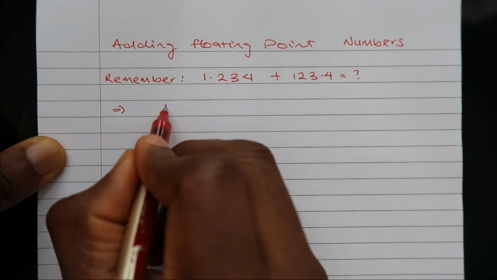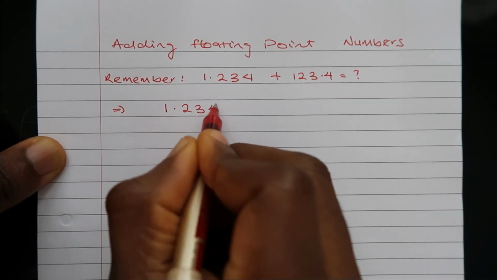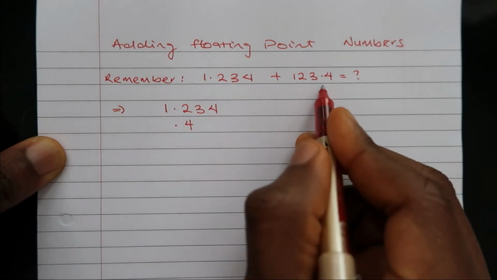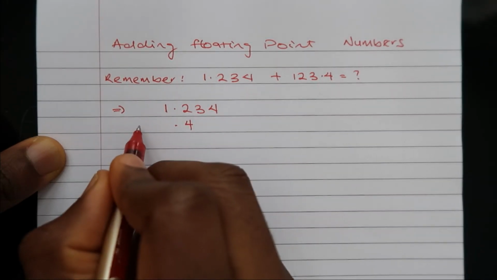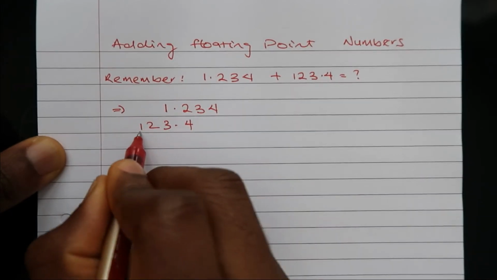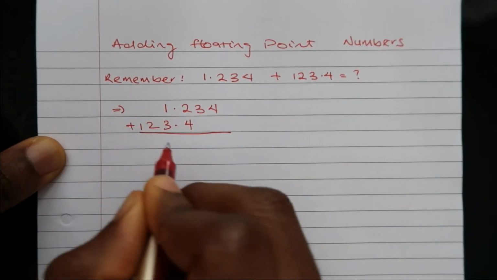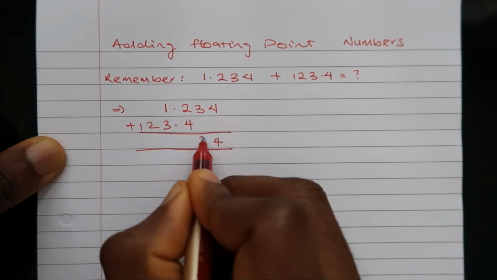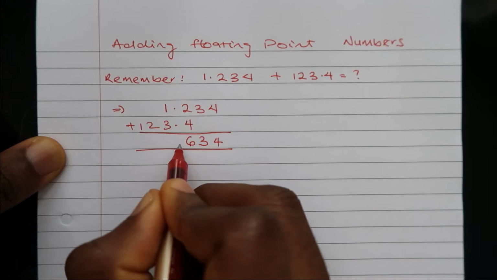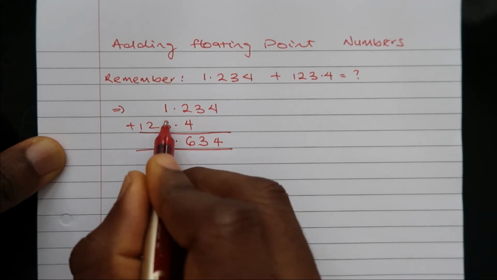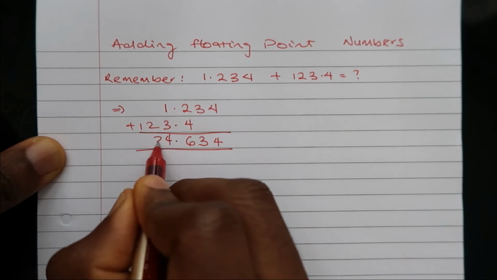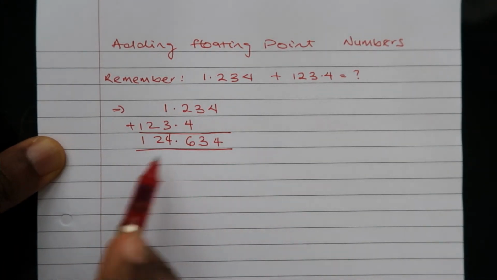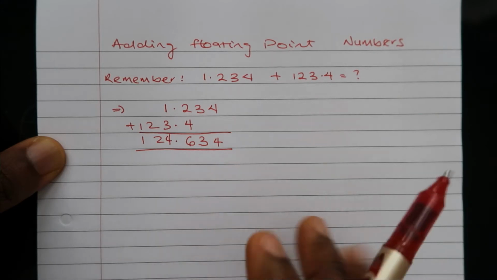So you might write 1.234 and then align the decimal point so you have 0.4 there, and then 1, 2, 3. If we add these two numbers together, we would have 124.634.